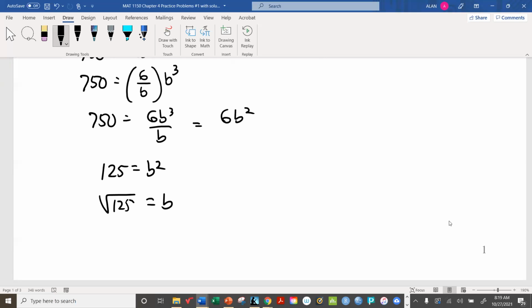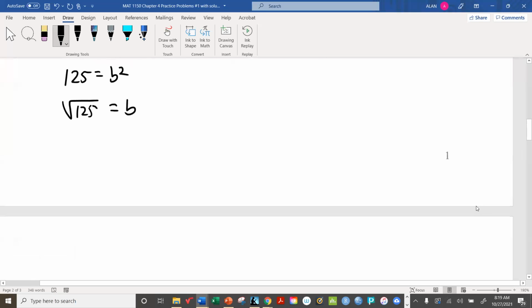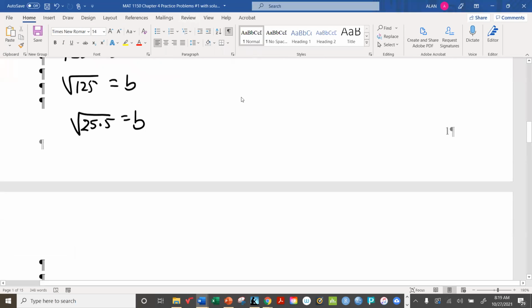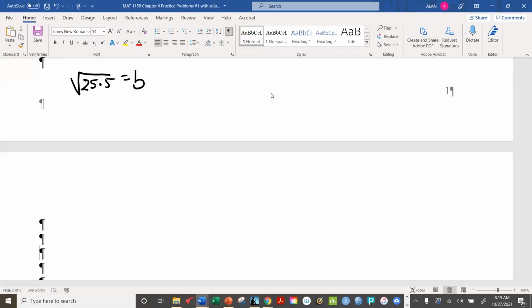Since it is a square root, remember our strategy is always to keep everything as simple as possible in math. That includes these radicals. You can see this one can be streamlined a little bit. This is the same thing as 25 times 5, and that in turn is this.